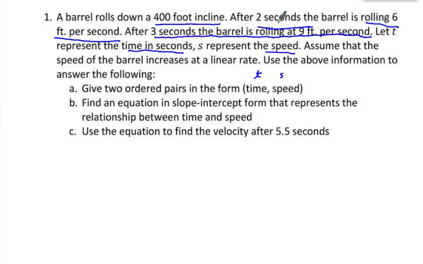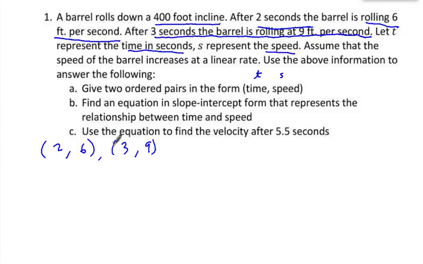Then they tell us that at 2 seconds the barrel rolls 6 feet per second. Well, that was a time and a speed. So that's going to be our first ordered pair, (2, 6). The second ordered pair comes in the next sentence, where they give us a time, 3 seconds, and a speed, 9 feet per second.